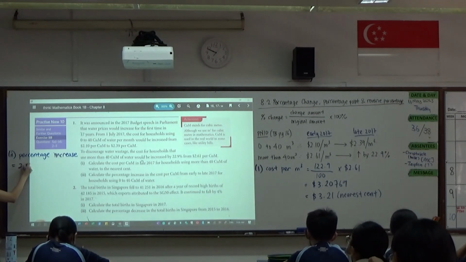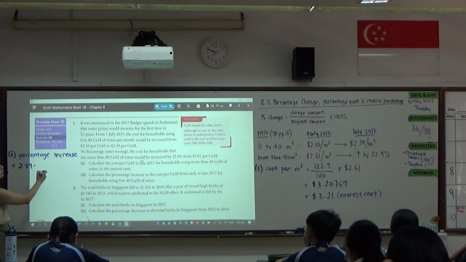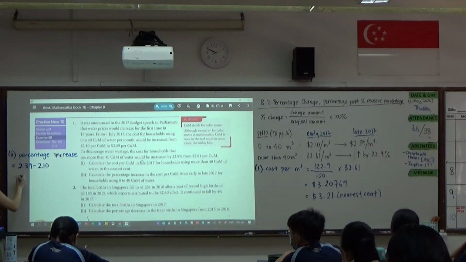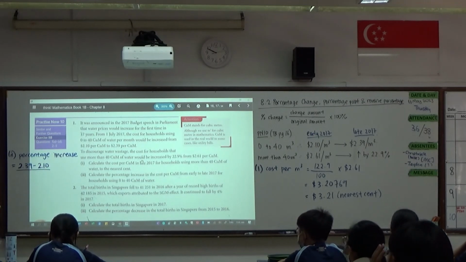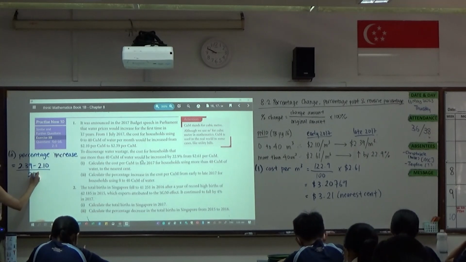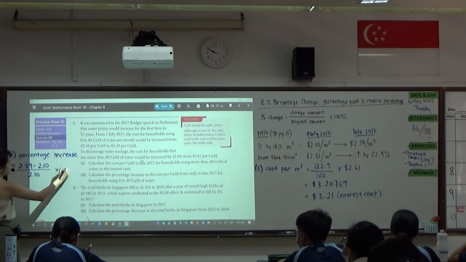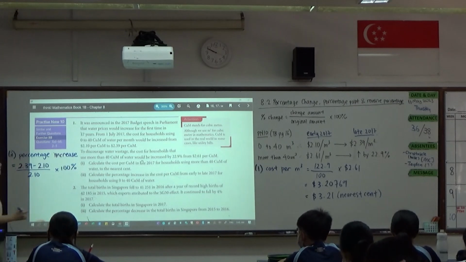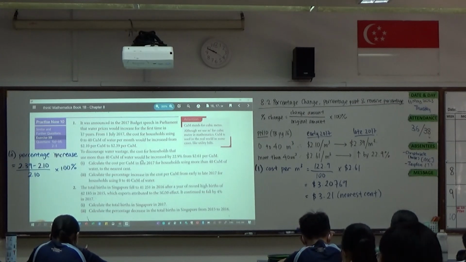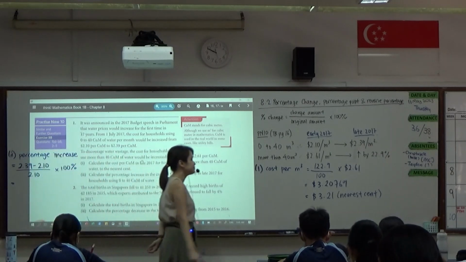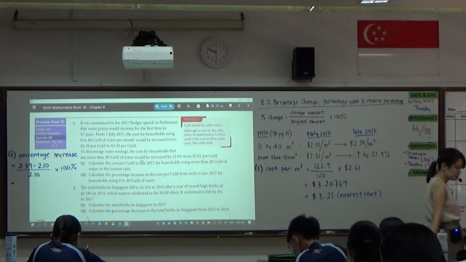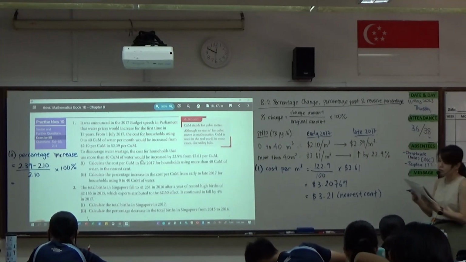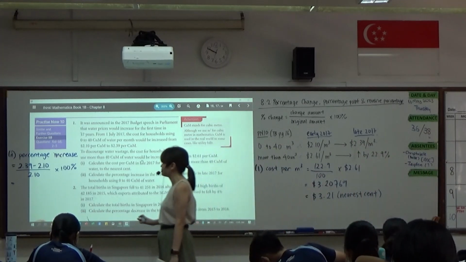So that will be 2.39 minus away 2.10 over the original amount. That will be 2.10 times 100%. Then after that you can press the entire thing into calculator and you will get about 13.809.